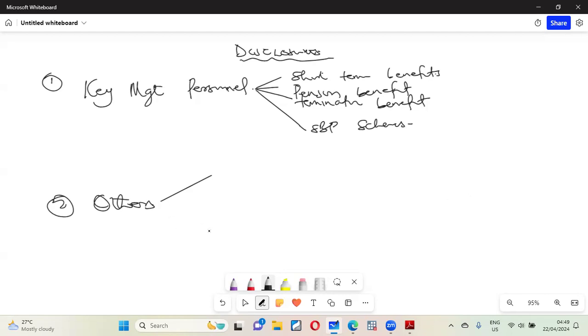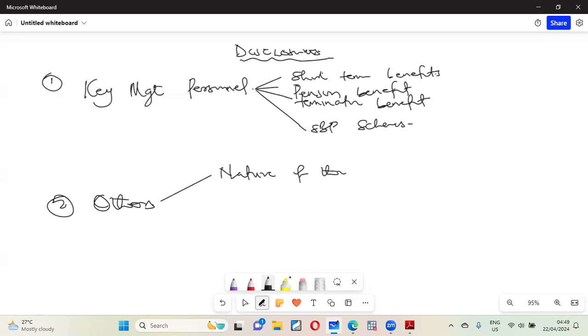Then we also talk about the amounts and outstanding balances. And again, any discounts must be disclosed. Then bad debt, irrecoverable debt must also be disclosed with that related party transaction.